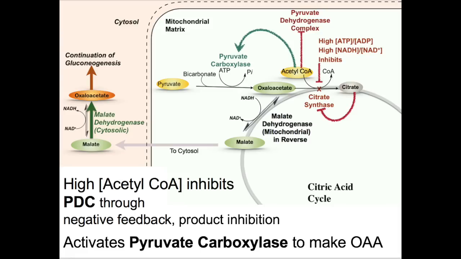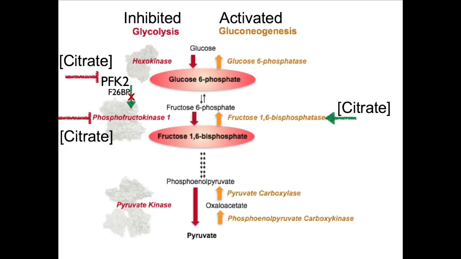Let's take a look at that. You will recall that citrate is a potent reciprocal regulator of gluconeogenesis and glycolysis. It inhibits the glycolytic enzyme PFK1 and the regulatory enzyme PFK2. It also activates fructose 1,6-bisphosphatase, which functions in gluconeogenesis. And so in this way, it turns down glycolysis and turns up gluconeogenesis.